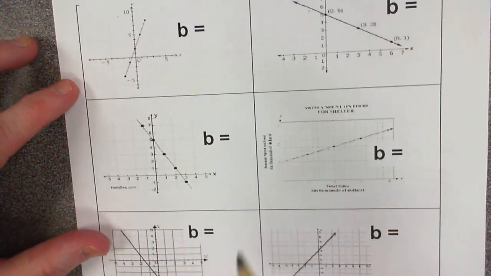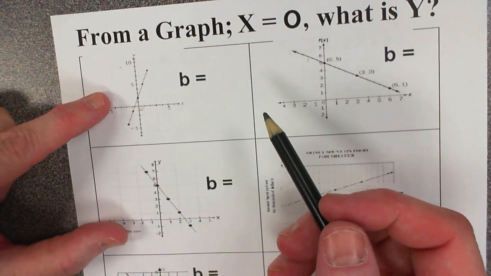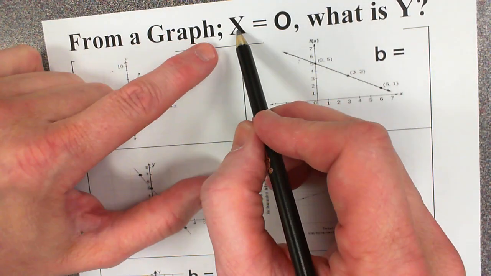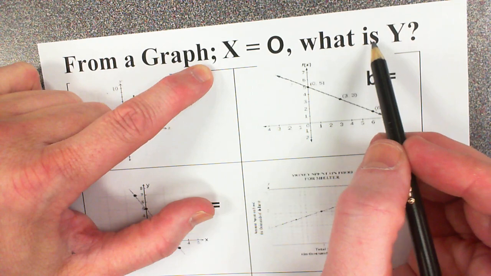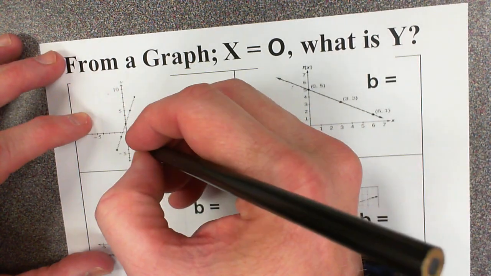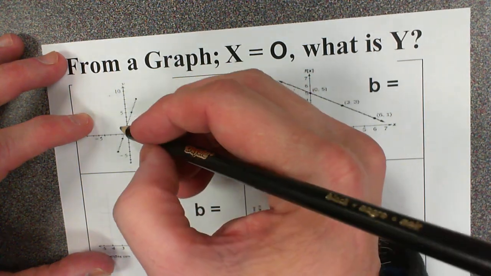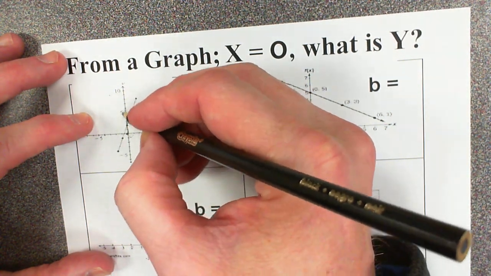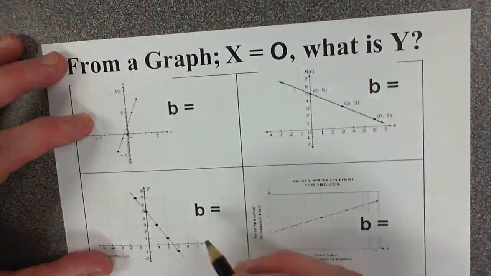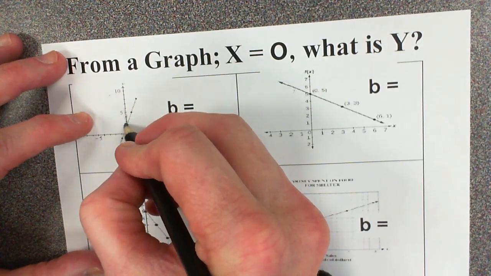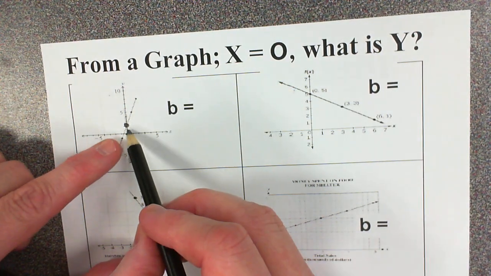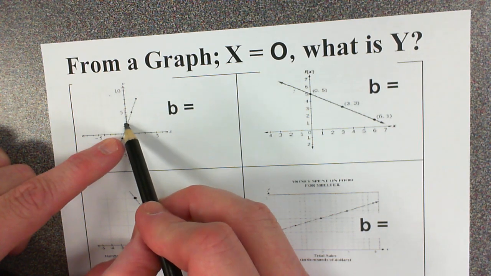And look at this. So from a graph, I kind of just mentioned this a little bit. Again, we want to figure out when x is 0, what is y? Well, x is going to be 0 right here, right at the origin. So if x is 0, I need to know where the line passes through the y-axis, and I can count 1, 2.